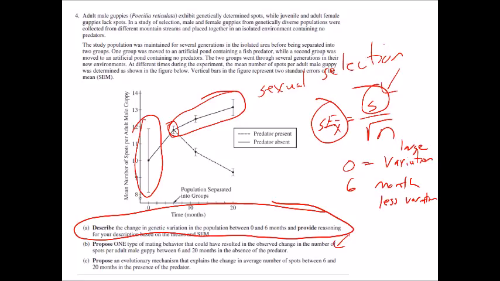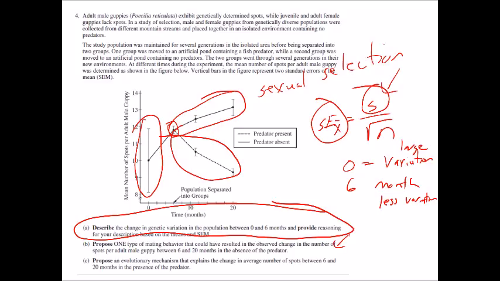On the other hand, part C says, propose an evolutionary mechanism that explains the change in the number of spots in the presence of a predator. Well, that's this line. And notice that when a predator is present, the number of spots goes down. That's because not only do spots attract females, they also attract predators. And that the fish with more spots get eaten more often. Therefore, they don't reproduce as much.